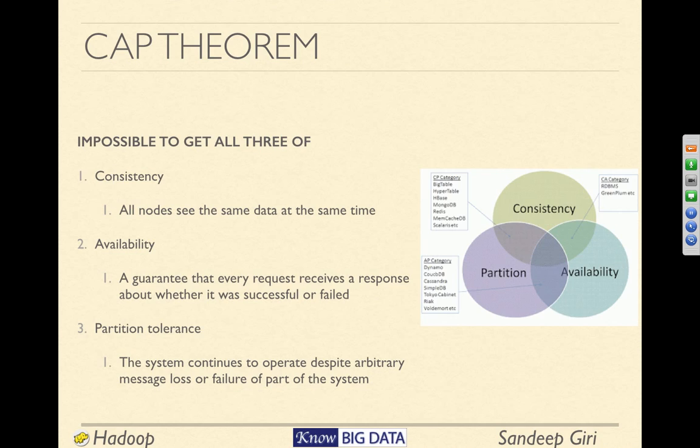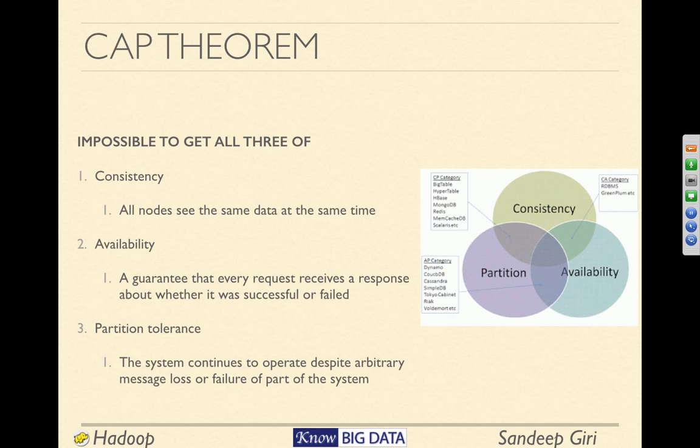That is consistency. Availability means that no request goes unanswered, even if the response is either success or failure. The more requests you are able to handle, the more available your system is.